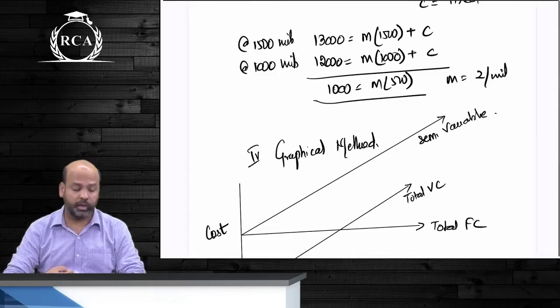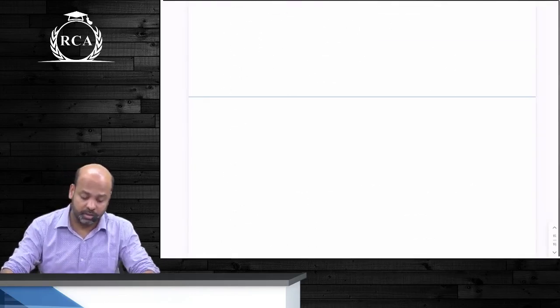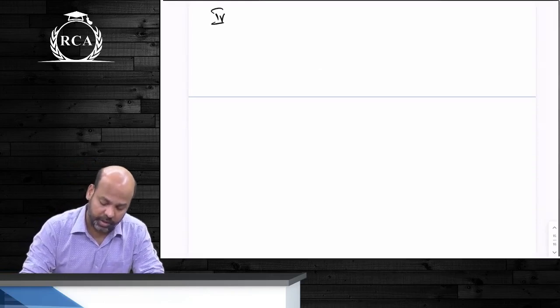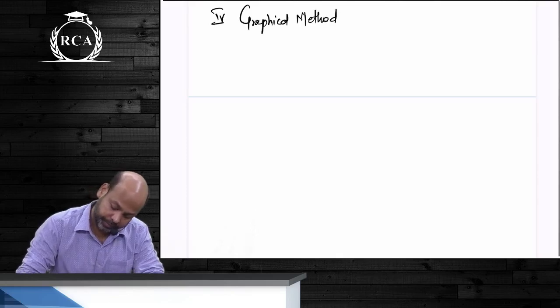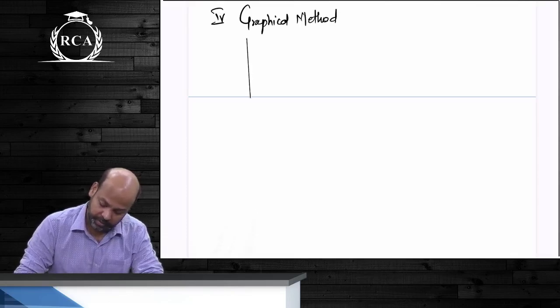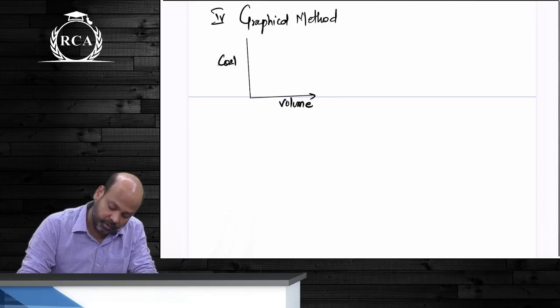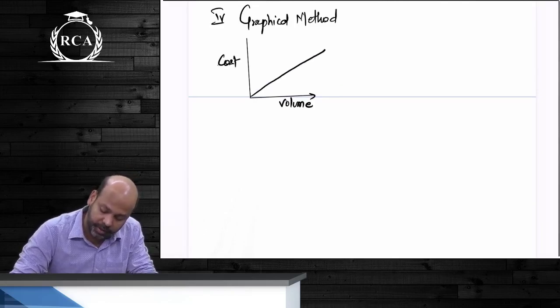Done till here? Now write the side heading graphical method. Make small graphs, guys. In each of the graphs you will have volume on the x-axis, cost on the y-axis. This will be total variable cost.